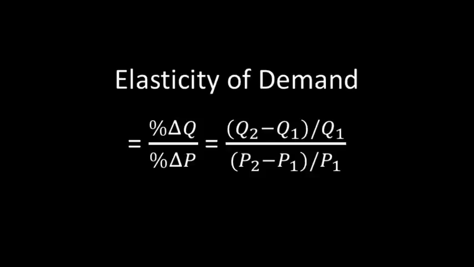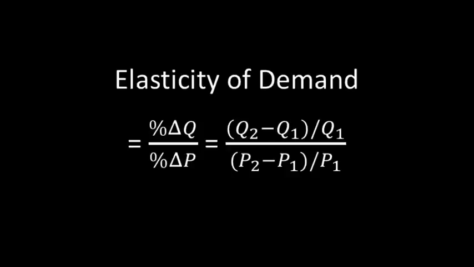That's slightly problematic at times, because in order to calculate the elasticity of demand, that implies that you know which price quantity coordinate preceded another. Sometimes when you're working with data, you might see two price quantity coordinates, but you don't know which one came first and which one came second. There's not a chronology in the data set.